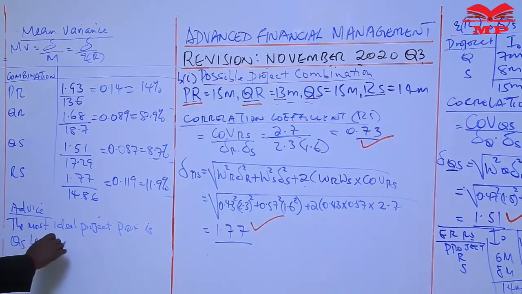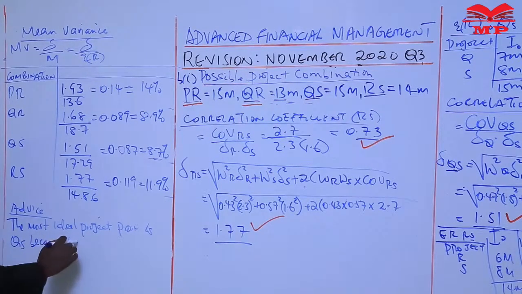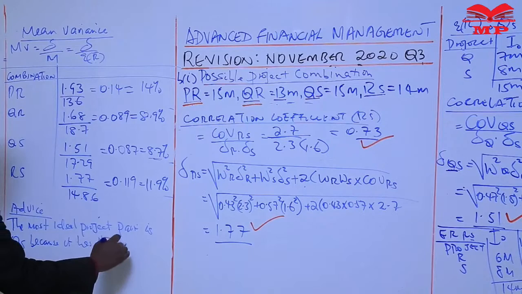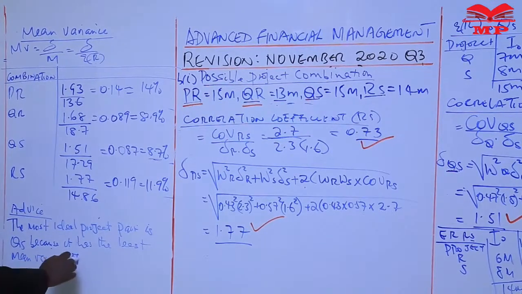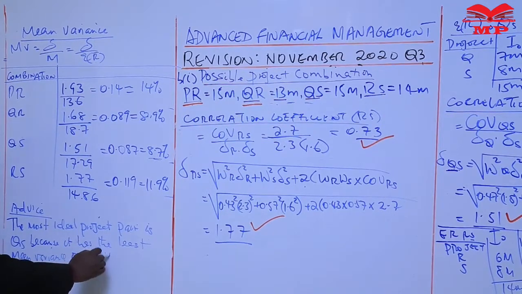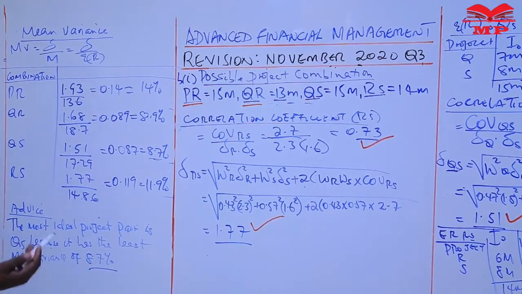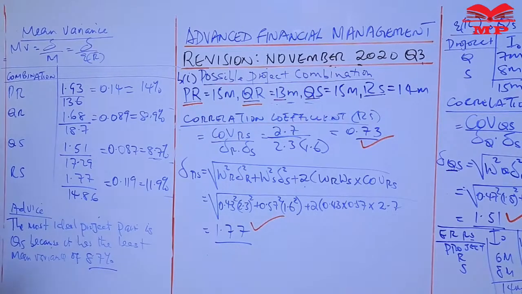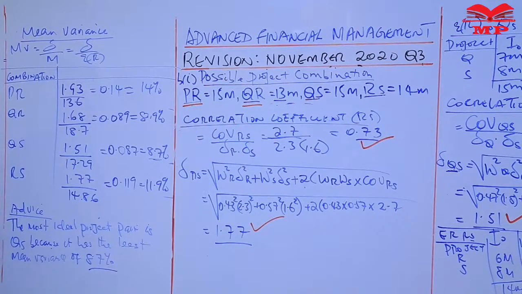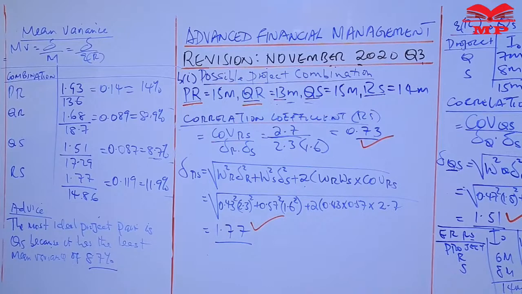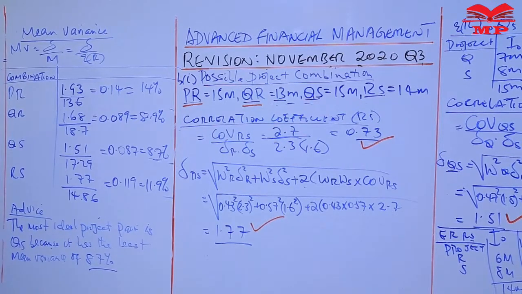Because it has the least mean variance, or coefficient of variation, of 8.7%. That means it has a lower risk. Okay, 8.7.